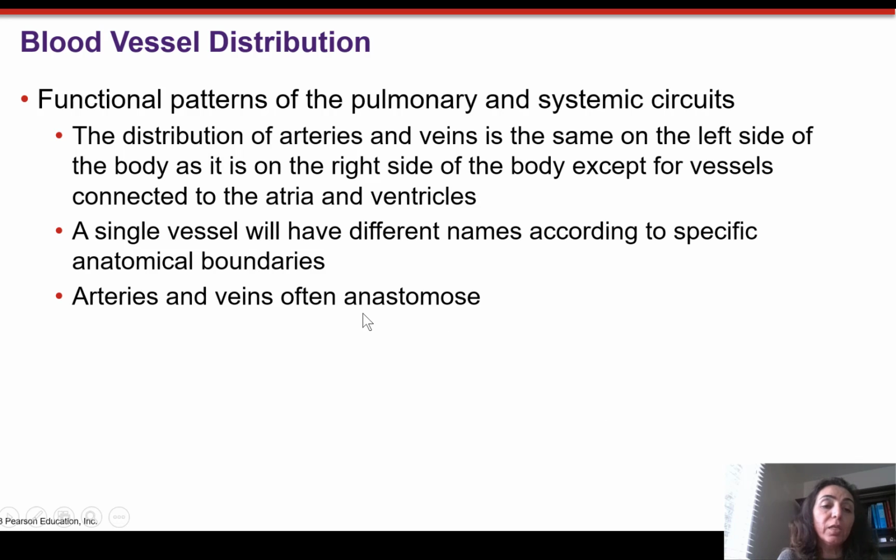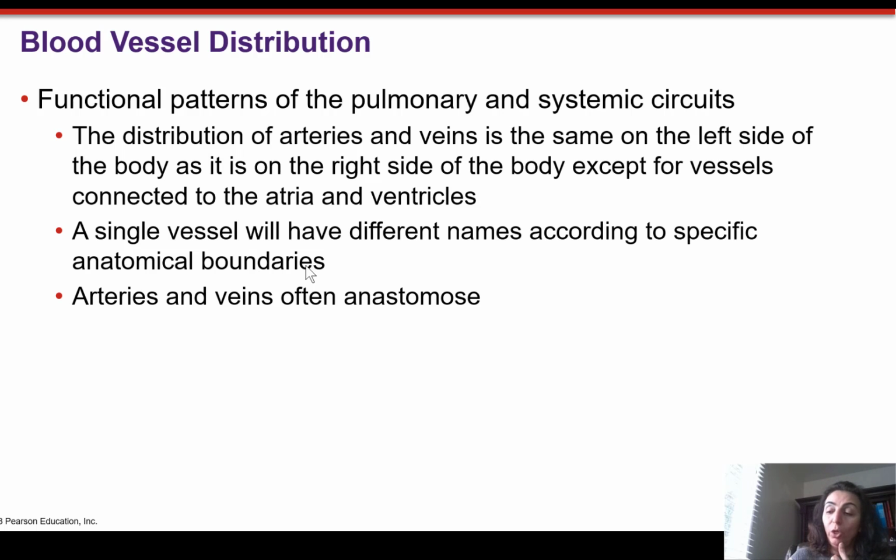Now, the other thing is that a single vessel will have different names according to the specific anatomical boundaries. What does it mean? For example, the branches of the aortic arch, right? One branch is the subclavian artery.